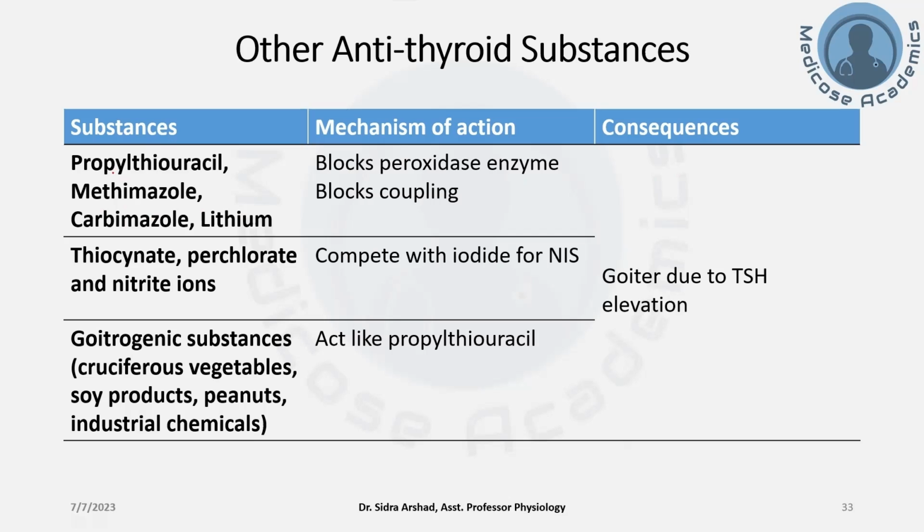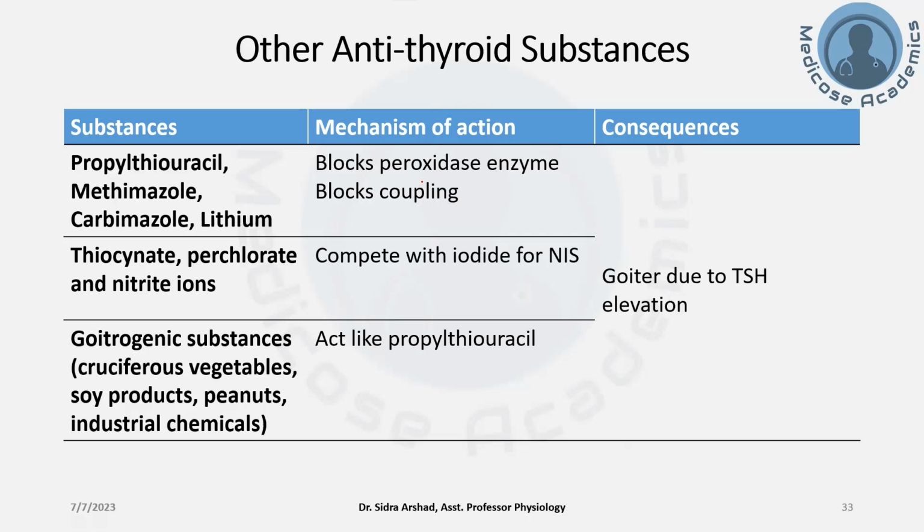Some of these are utilized as drugs to treat hyperthyroidism. What is the mechanism of action of this group of substances? They block the peroxidase enzyme and they block coupling of the MIT and DIT.